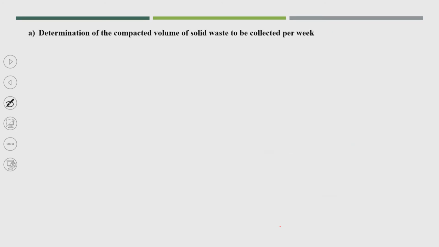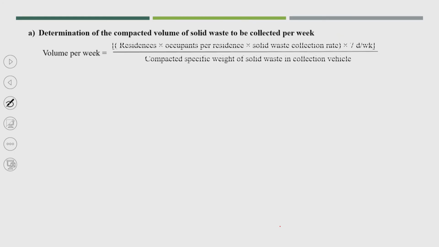Now, we will see the determination of the compacted volume of solid waste to be collected per week. We can calculate volume per week as the number of residences times occupants per residence, multiplied by the solid waste collection rate and multiplied by 7 days in a week, because collection is once in a week, divided by the density or specific weight of solid waste in the collection vehicle.